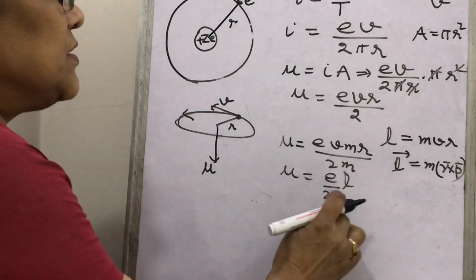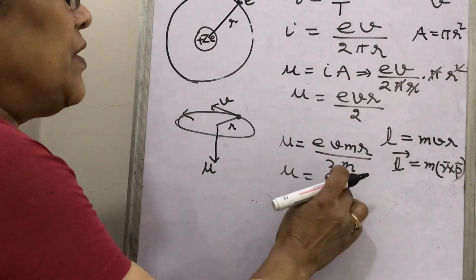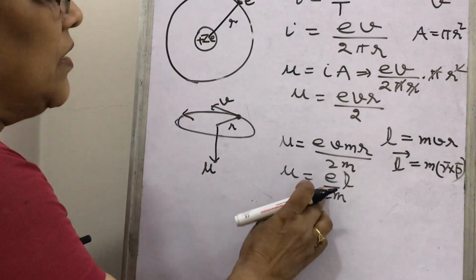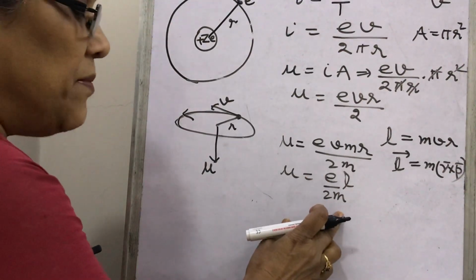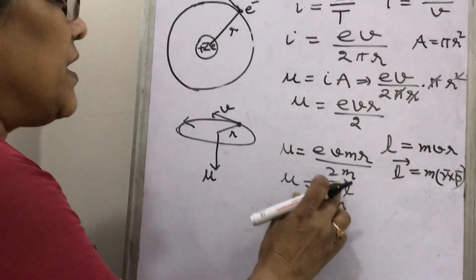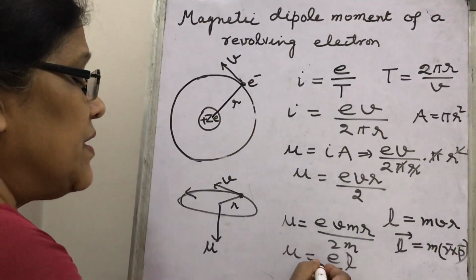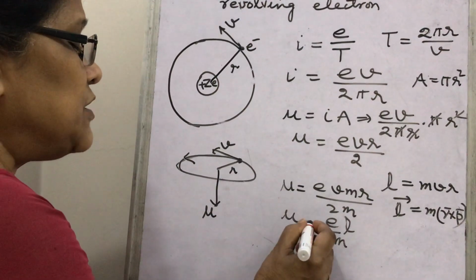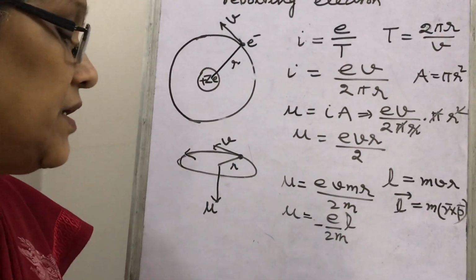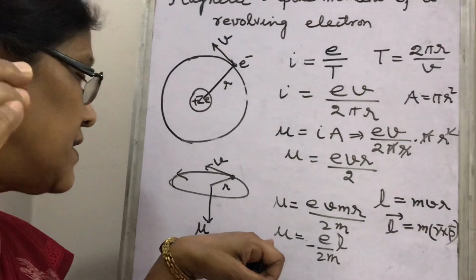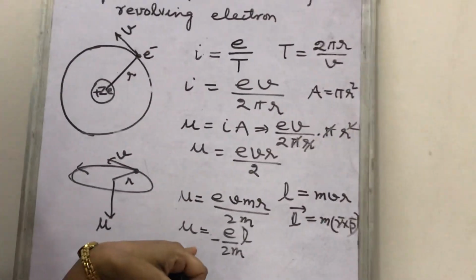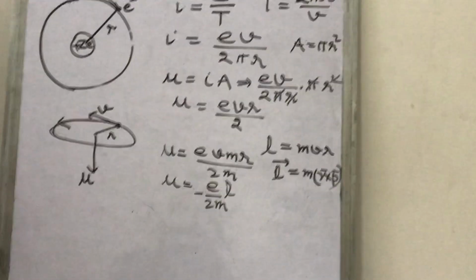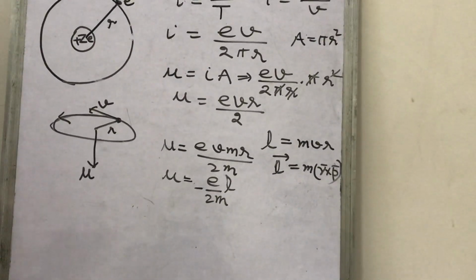Here e is electronic charge, m is mass of electron, and for the electron it will be written with a negative sign because the electron is a negatively charged particle, and this negative sign shows that the angular momentum of the electron and the magnetic moment are in opposite directions here.